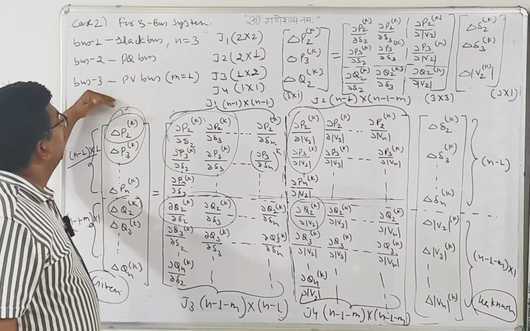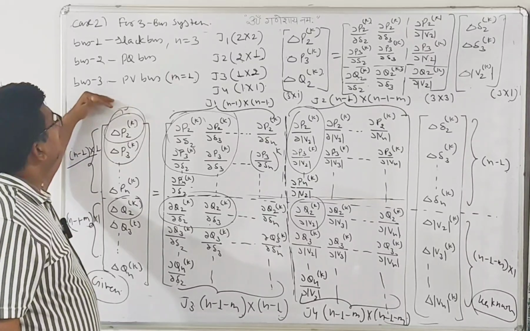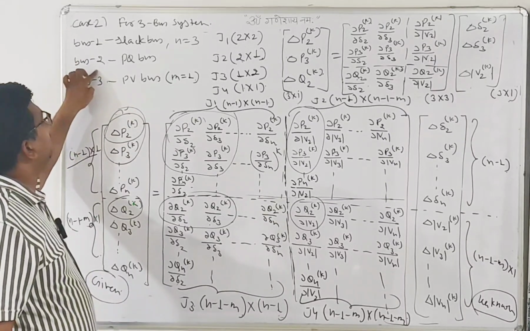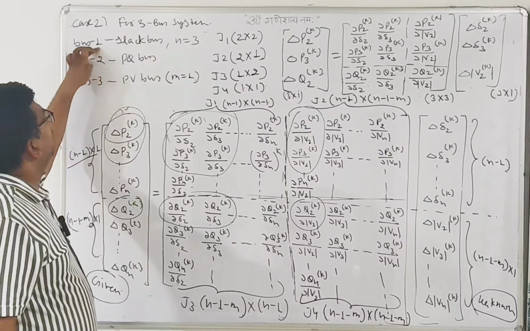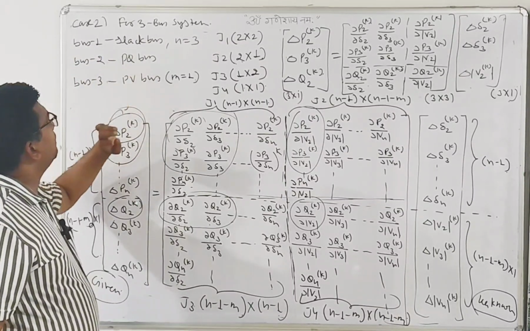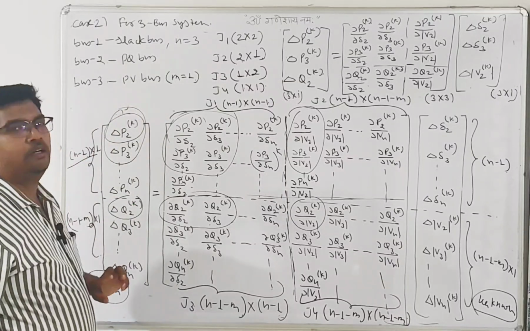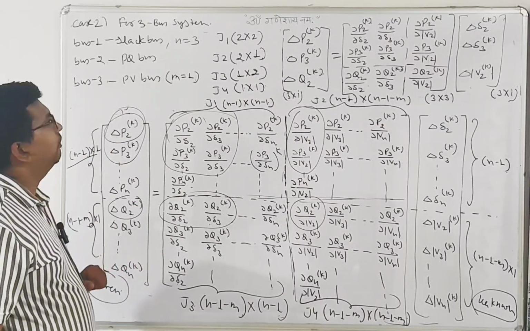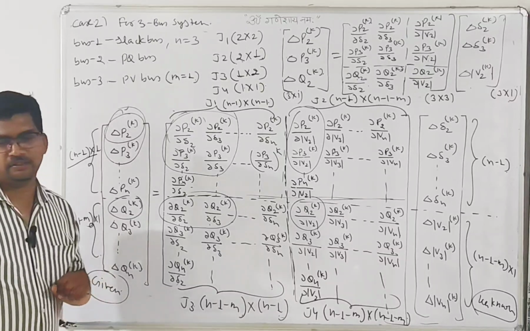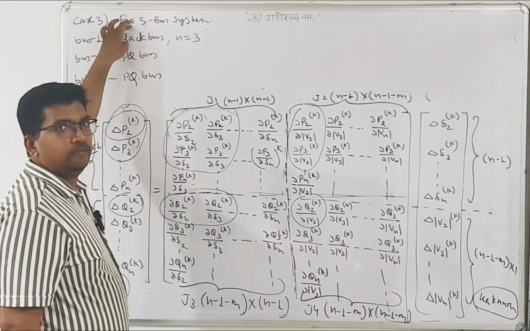Now in this we have taken one assumption: basically one slack bus, number 2 is the PQ bus, and number 3 is the PV bus. Now suppose I make a small change, again for a 3 bus system.